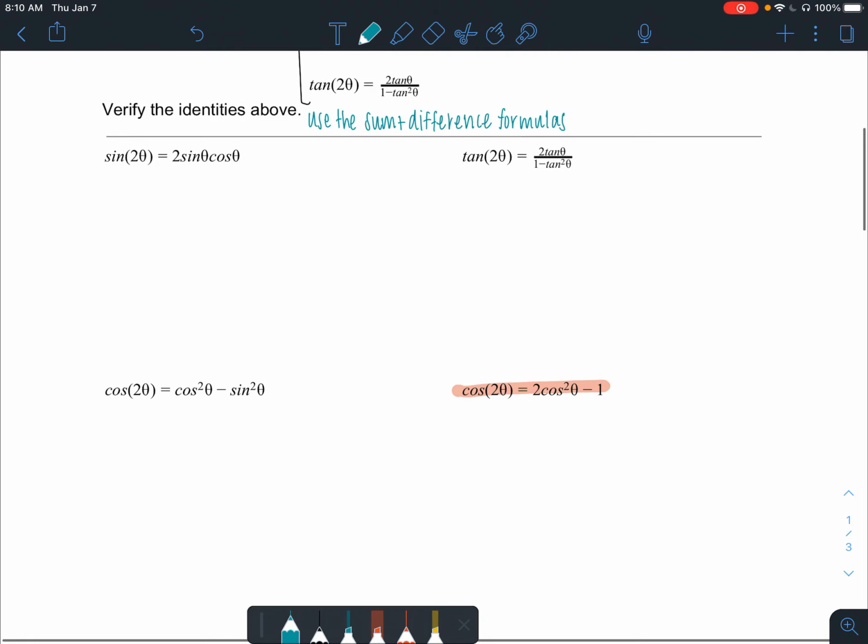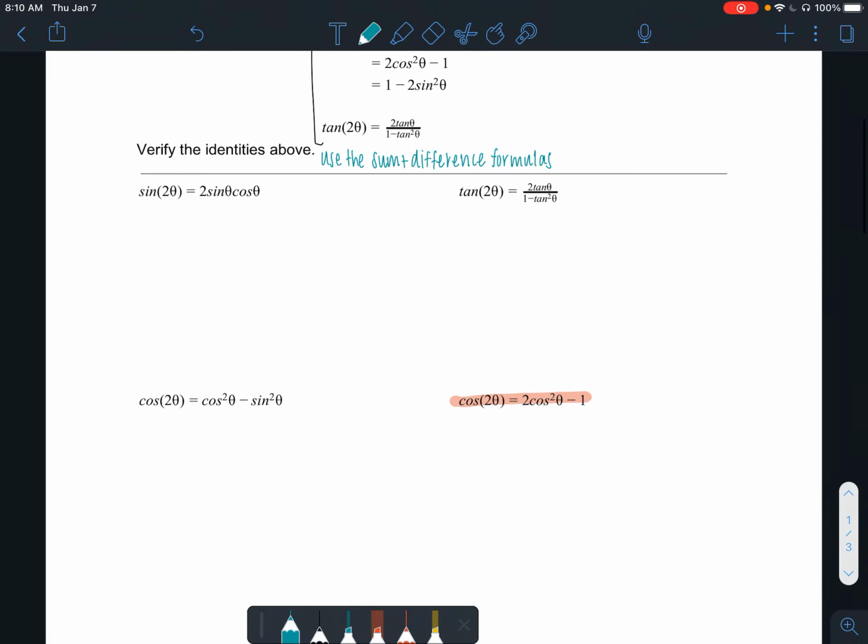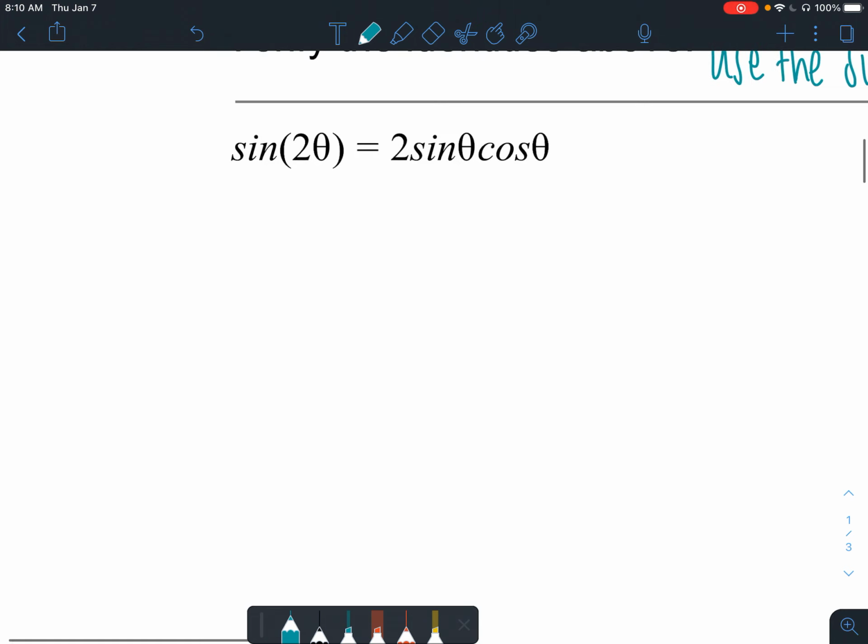Okay, so we're going to do three of them together, and I'm going to save the last one for you guys to do on your own, just as a good little practice for verifying identities. Here's how this one's going to go. As sine of 2 theta, I'm going to work from the left to the right. So sine of 2 theta, I can write as sine of theta plus theta.